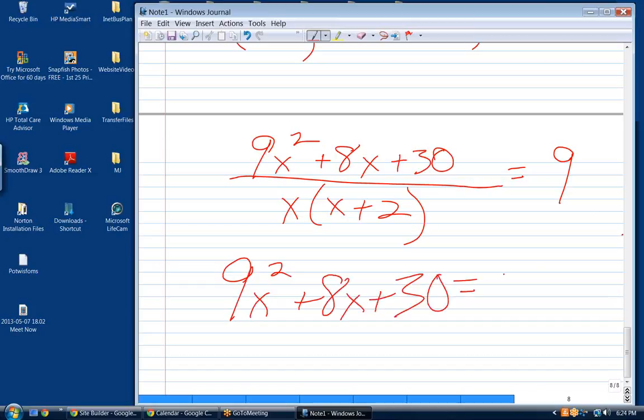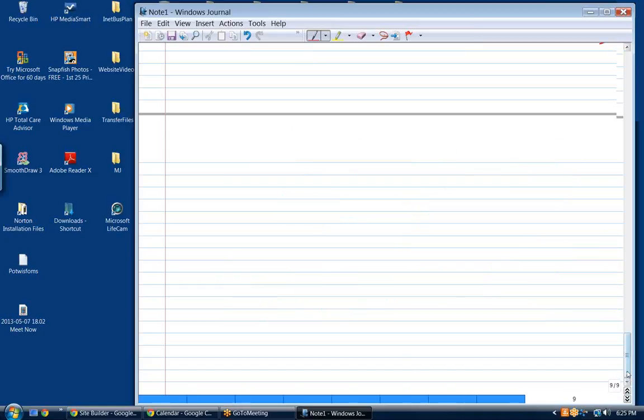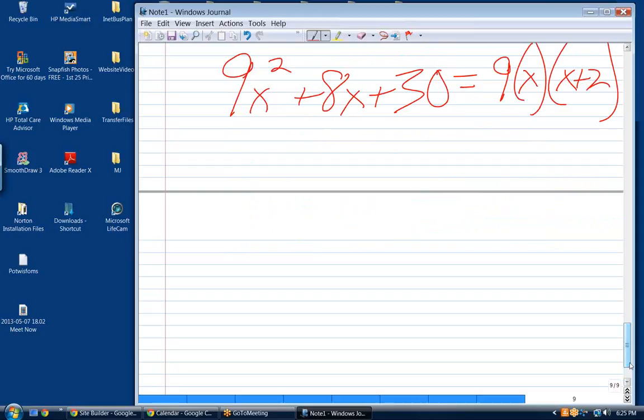And what's the right side? The right side is 9 times x plus 2. You with me? Yes. Okay. Now, in order to simplify and solve this, we need to distribute the right side. So what do we have?